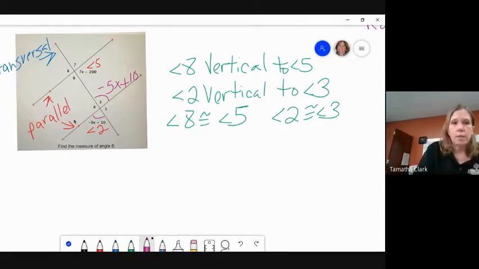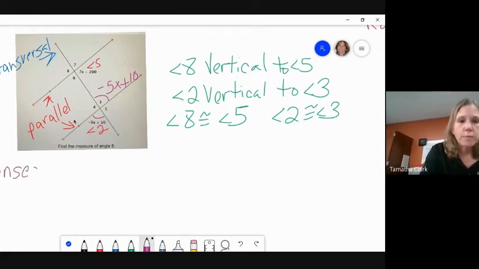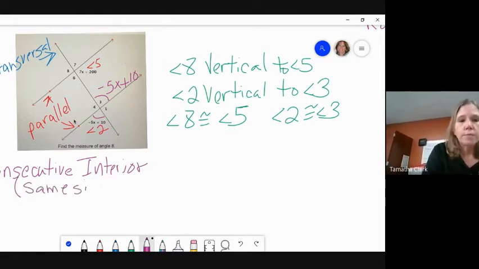Angle 5 and angle 3 are on the same side of our transversal, yet inside our two parallel lines. Those types of angles are what we know as consecutive interior angles. Sometimes you will see them called same side interior.